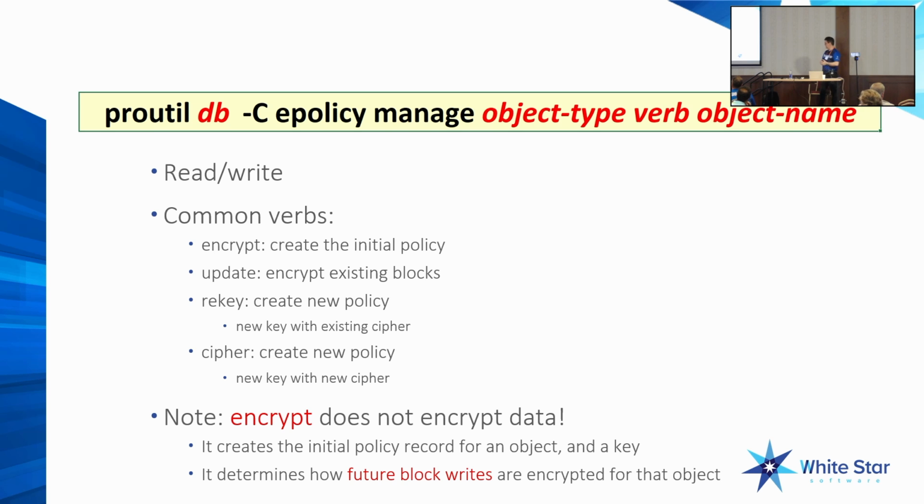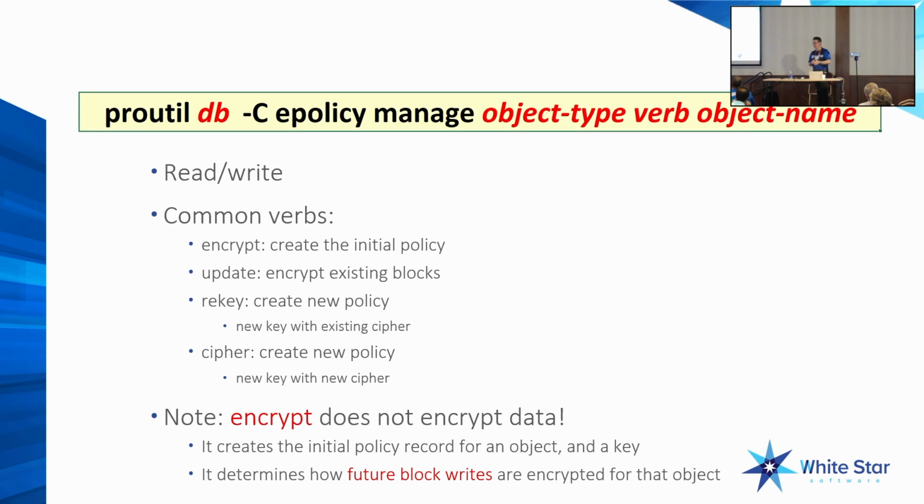So first up, ePolicy manage. On the next slide, I'll show you the syntax diagram. But it's got a lot of verbs, a lot of different options that you can specify. The common ones are encrypt, which creates the initial policy on an object. Then you've got update, which will read all of the existing blocks in the object and encrypt those.